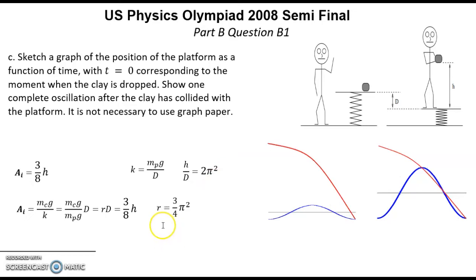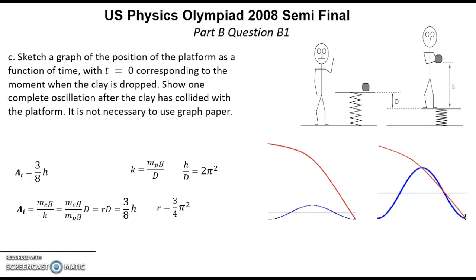So it means that for a relation between the mass of clay and the mass of platform equal to 3 over 4 pi squared, the first time the clay will meet the platform in the highest position. After that it will cross the platform somewhere, and later it will meet the platform at the lowest point.